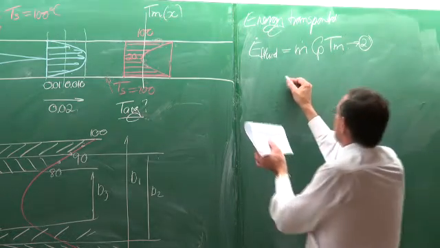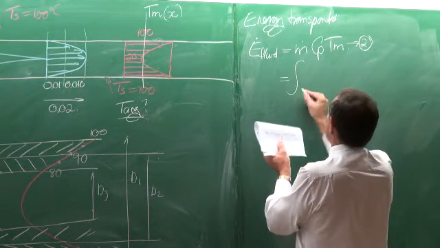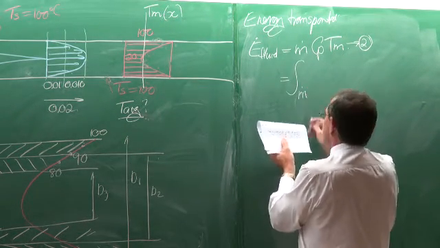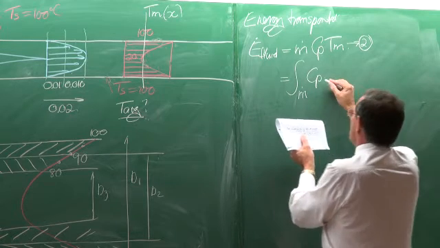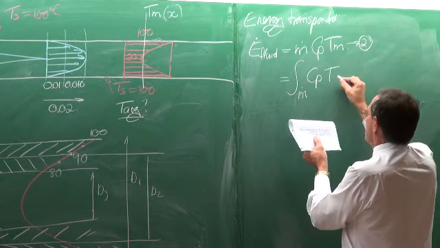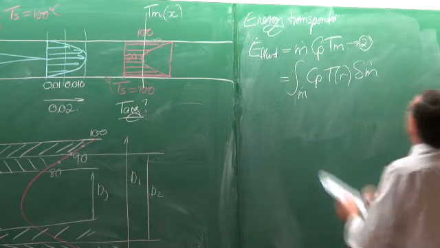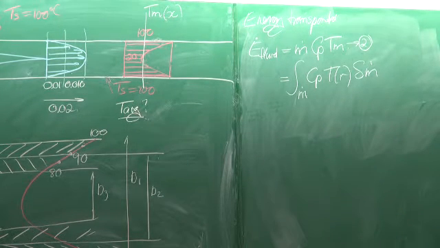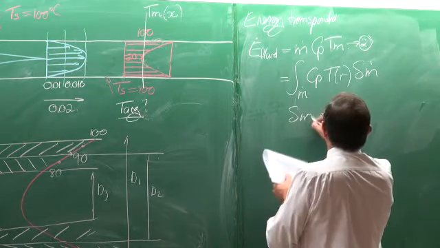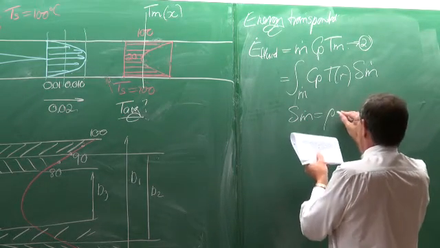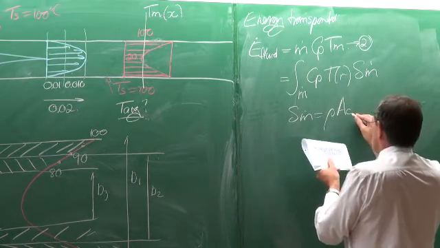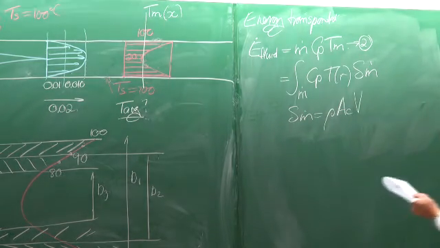Okay, now we can start writing this into an integral form, saying it is the integral over the mass flow rate multiplied by Cp multiplied by the temperature, which is a function of r, multiplied by dm dot. Okay, so it takes into consideration the temperature as a function of r, and the mass flow rate we can write as rho multiplied by the cross-sectional area multiplied by the velocity.